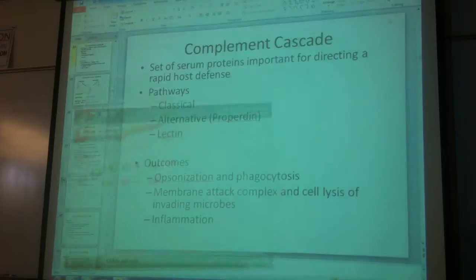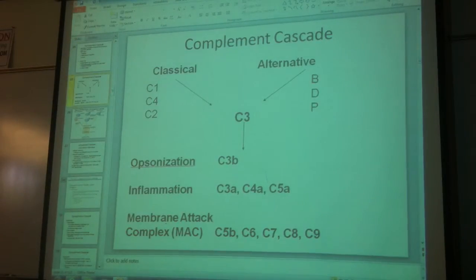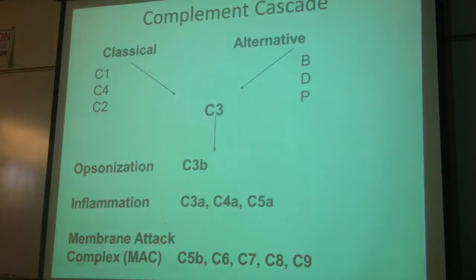Okay, so just to give you some general look of what we're talking about, because it's complicated. There's the classic approach, there's the alternative approach, and the entire point is how are we getting the message? Classical approach, we have antibodies that are attacking it, so our body can recognize there's an antibody, that means we need to go kill something.